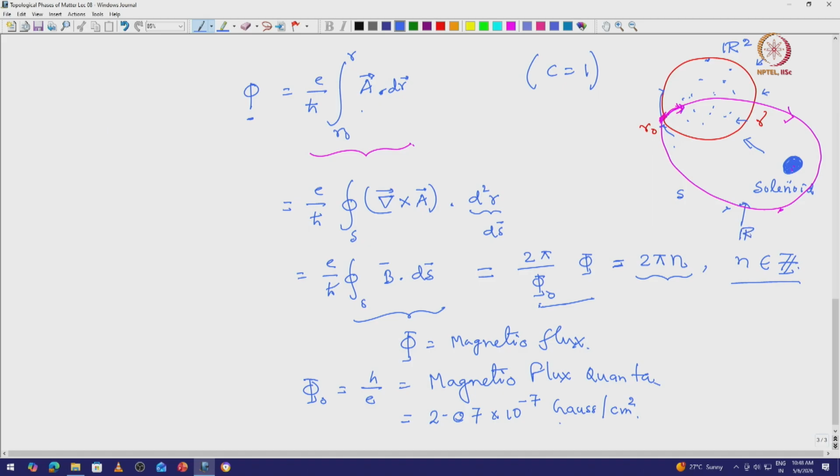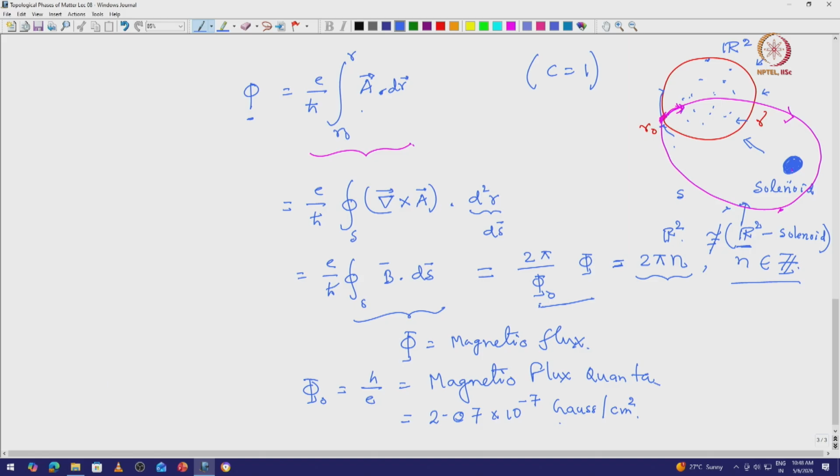Why? Because R2 is made of all the coordinates, all the points, but now I need to worry about the solenoid, which is not included in R2, right? R2 minus the solenoid is my new topological space, and this topological space is not the same as R2.